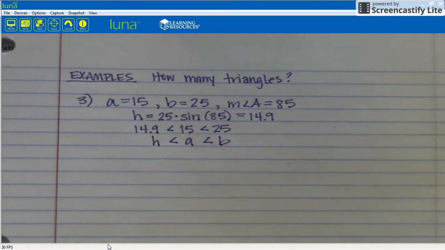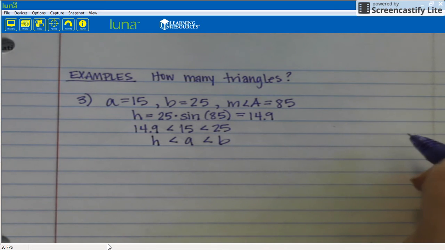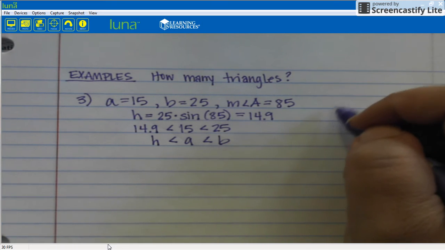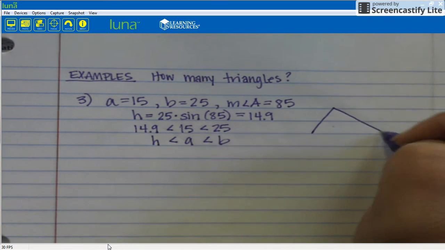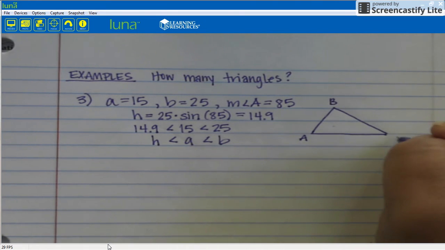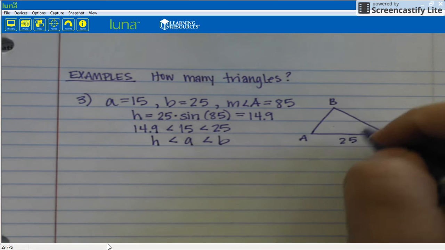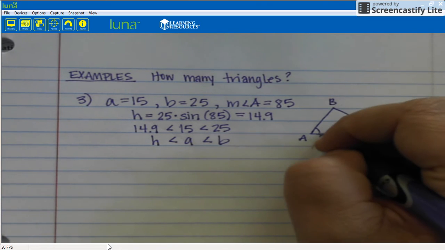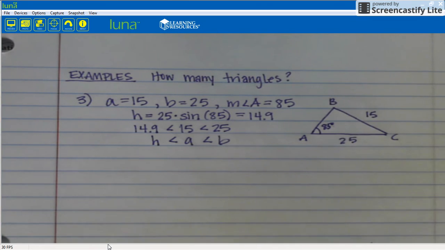And anytime that happens, we could be 2 different triangles. And the reason that happens is here's the triangle that I currently have. A, B, C. B is 25, A is 15, and the measure of angle A is 85 degrees.